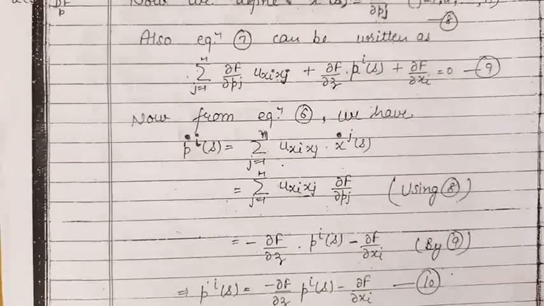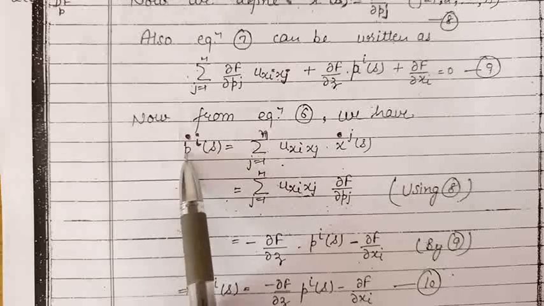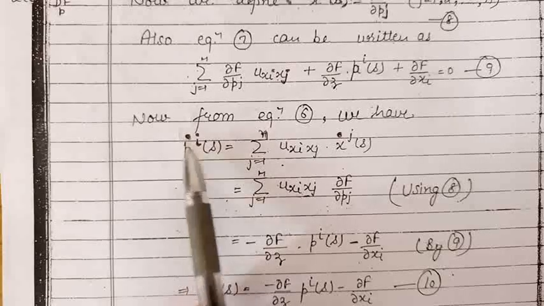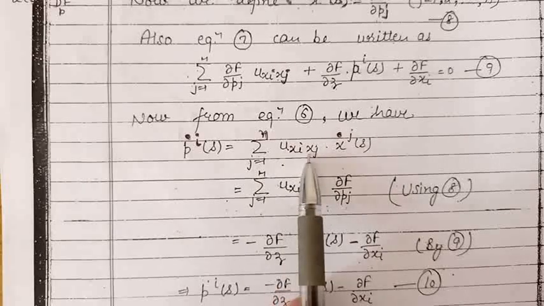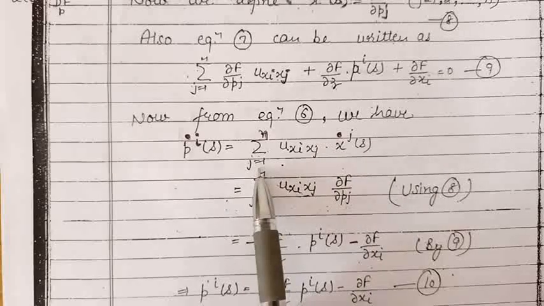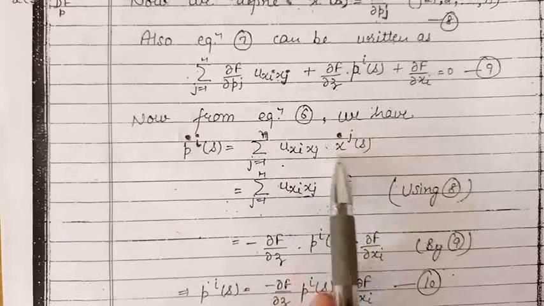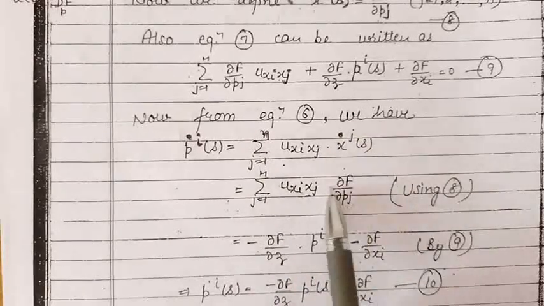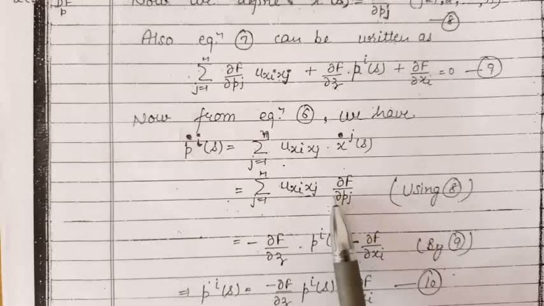Now, from the equation 6, we have the derivatives of pi with respect to s is equal to summation u xi xj into xj dot s. Here j varies from 1 to n. Now, by the notation which we defined in the equation 8, this is defined to be curl f by curl pj. So we have substituted the value.